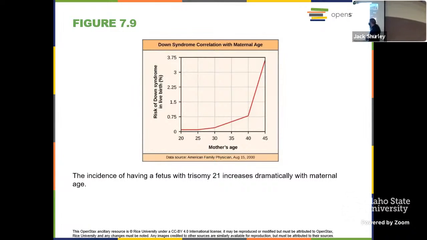This figure shows the risk of Down syndrome and the potential for that risk to increase with age, all right? And it shows the mother's age here. There are some issues with this. It doesn't have to just be the mother, all right? It also doesn't have to truly fit this category or this figure, all right?